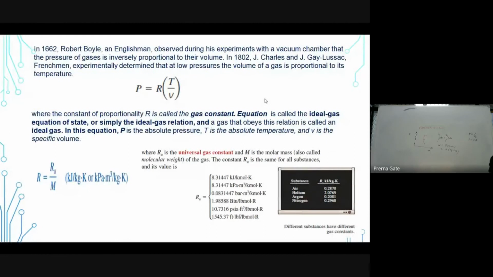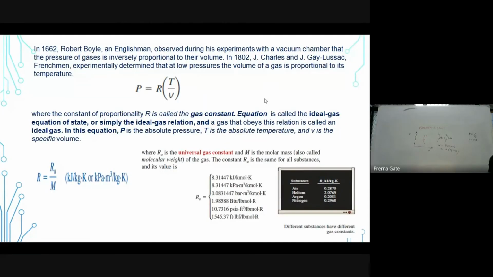For that, let us first discuss Boyle's law and Charles's law. You have already gone through these laws, Boyle's law, Charles's law, Gay-Lussac's law, and from these laws we have derived the equation of state, that is PV = mRT.